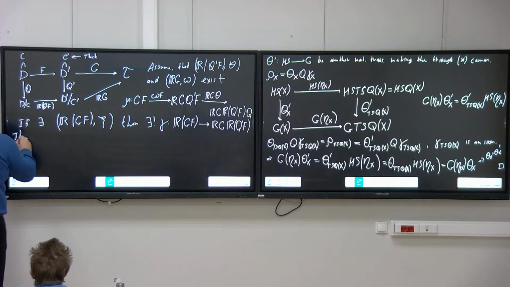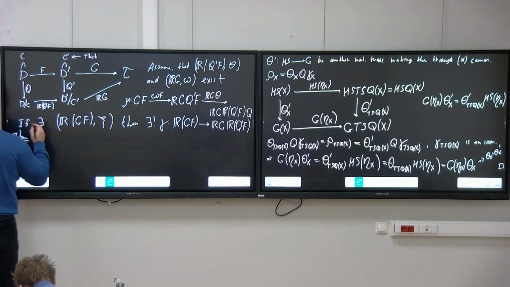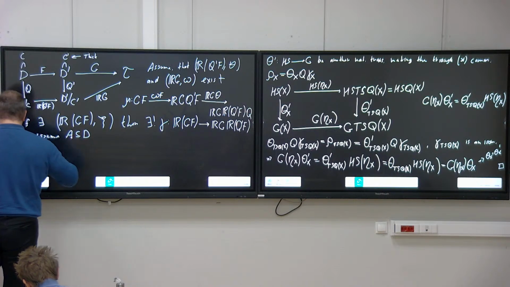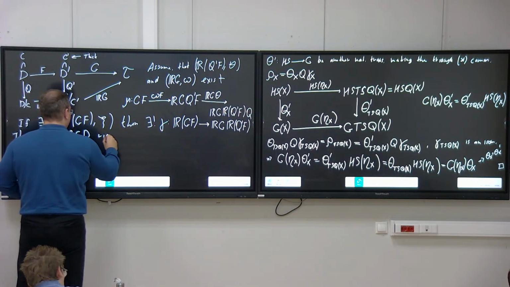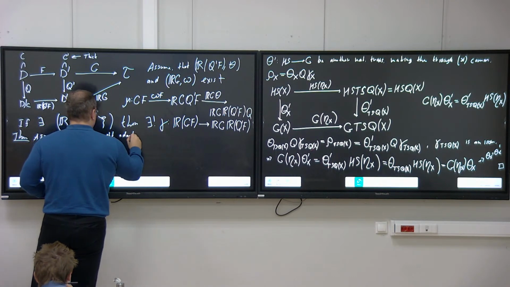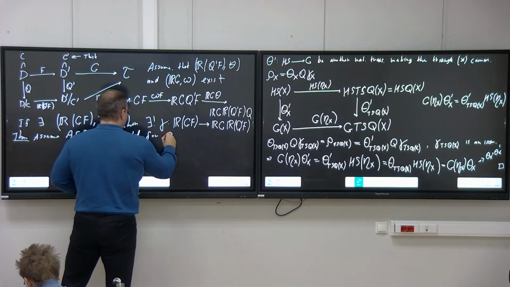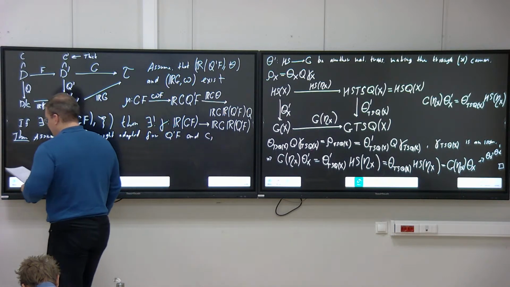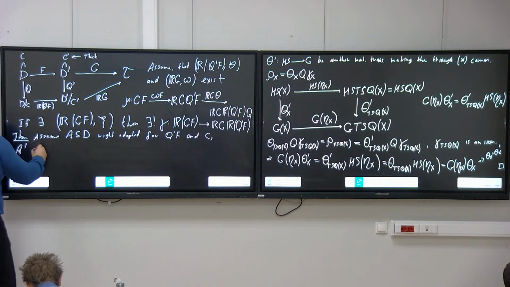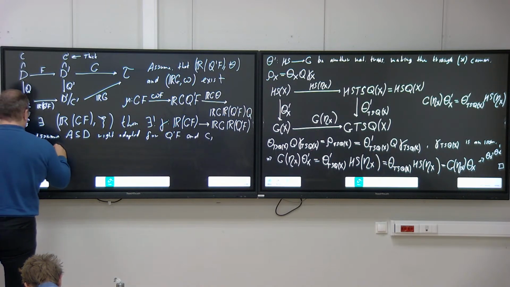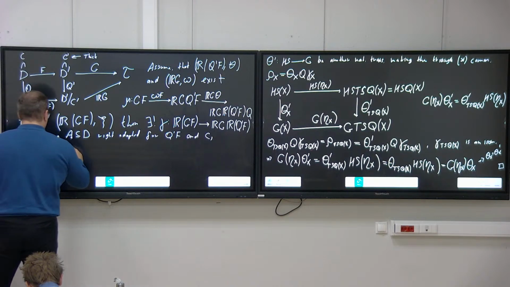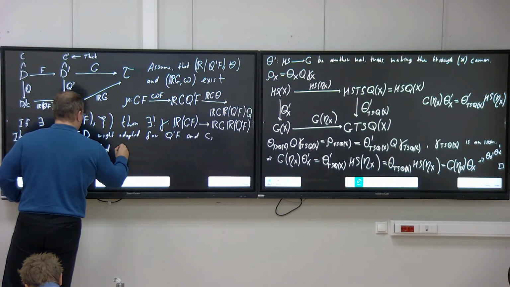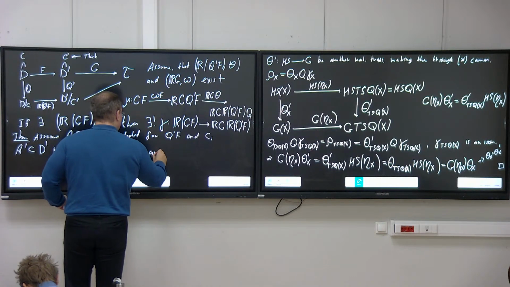So in the theorem, I have assumptions. Assume that, first of all, A in D is right adapted for the composition Q prime F and the subcategory C. A prime in D prime is right adapted for the second functor, for G, so right adapted for G and C prime.